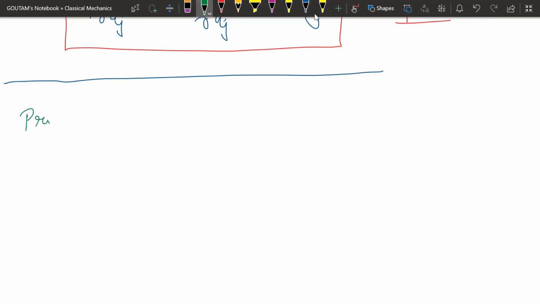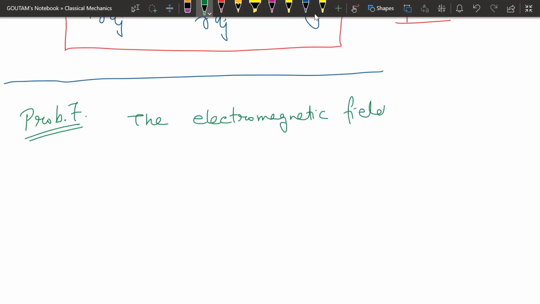Problem 7. The problem statement is the electromagnetic field is invariant under gauge transformation.